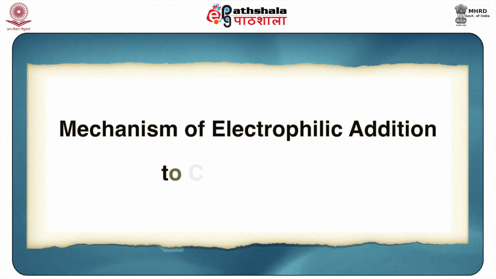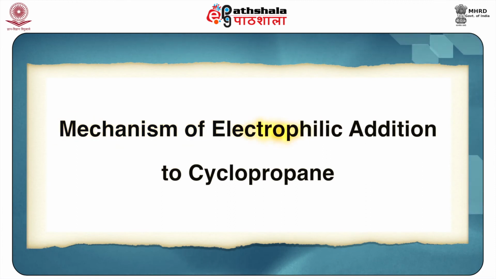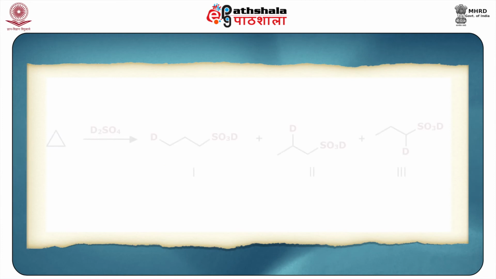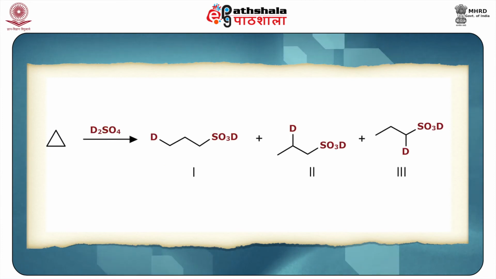Now let us continue our study and move to the mechanism of electrophilic addition to cyclopropane. Before discussing the mechanism, there are two important points to be noted for addition reactions of cyclopropane. First is that the mechanism must be stepwise, as the reaction of D2SO4 with cyclopropane yields, along with the expected product, minor amounts of two more products, the second and third, as shown here.